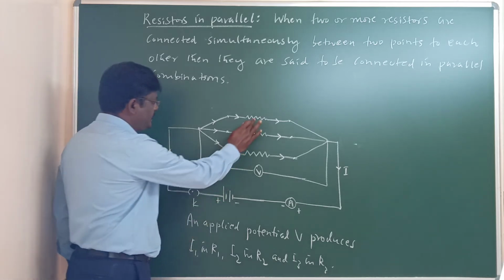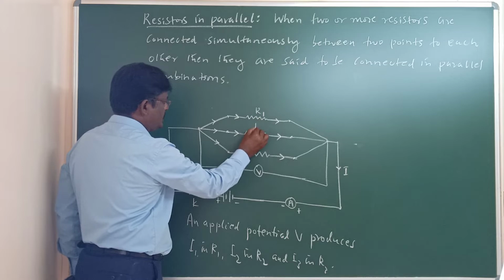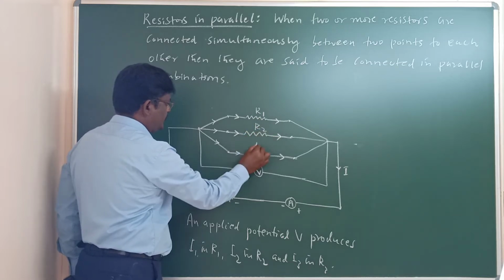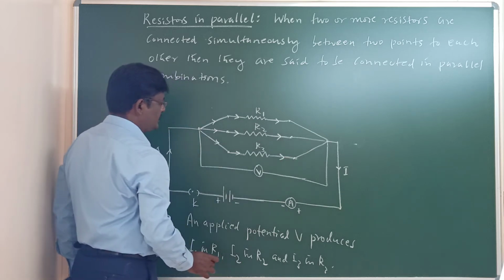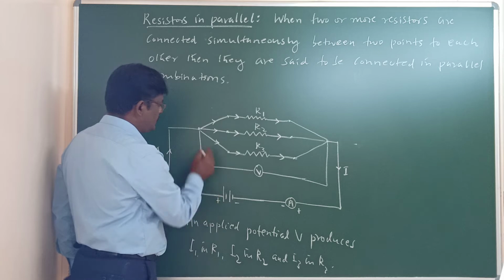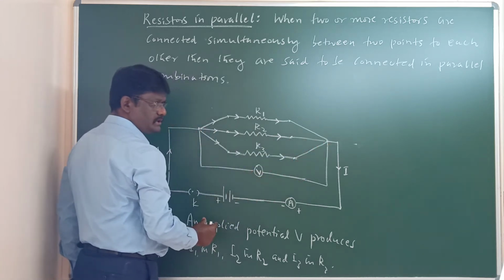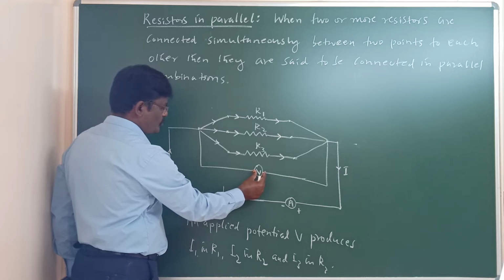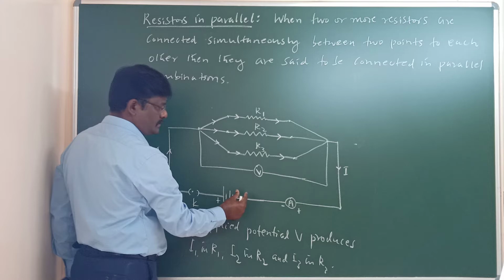Okay, in this case, now we shall try to get the equivalent resistance. Say now three resistors whose resistances are R1, R2 and R3 are connected between two points simultaneously. That's why they are said to be connected in parallel, and the common ends are connected to a voltmeter, so that we can measure potential difference.